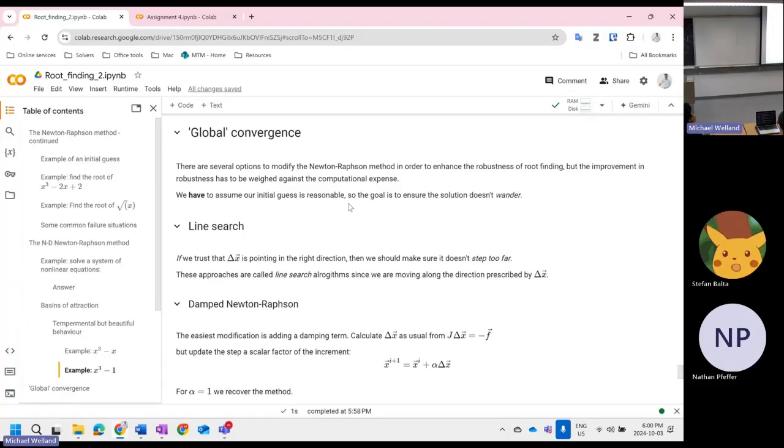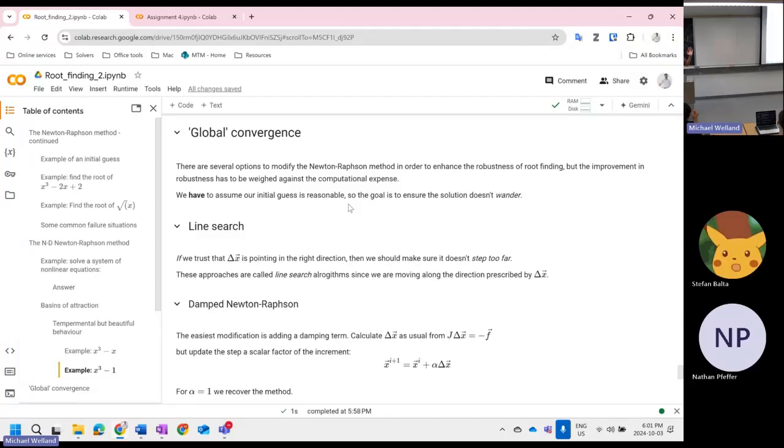If we trust that delta x is giving us the right direction, all this discussion should seem very familiar because we've already talked about it in terms of iterating on roots for a linear equation. It's a little bit more complicated now because we don't have the same characteristics of that linear equation, so we need to be a bit smarter.